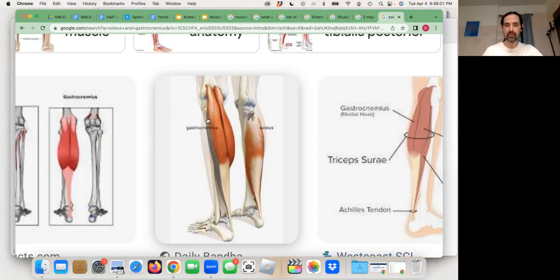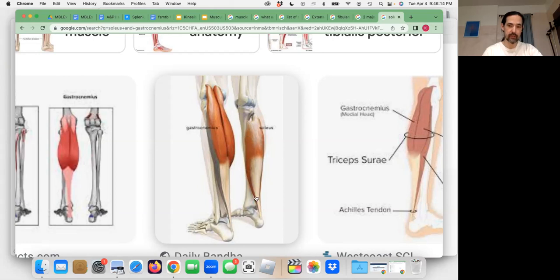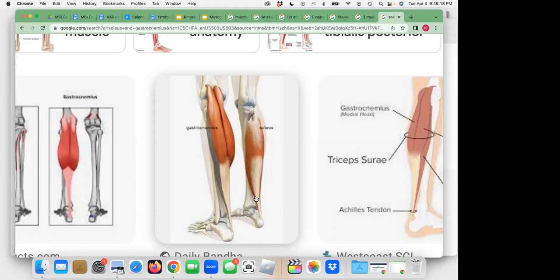So the gastroc is on the posterior surface of the tibia. Here's the tibia bone. See that? The soleus is also on what surface of the tibia, Stephanie? Front or back? The back, posterior. That's right.